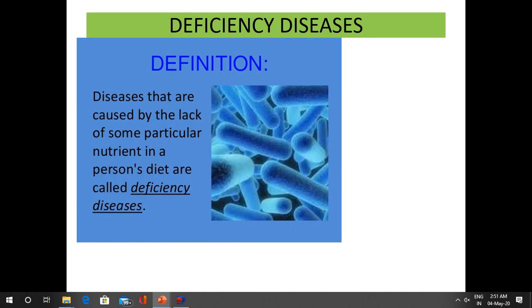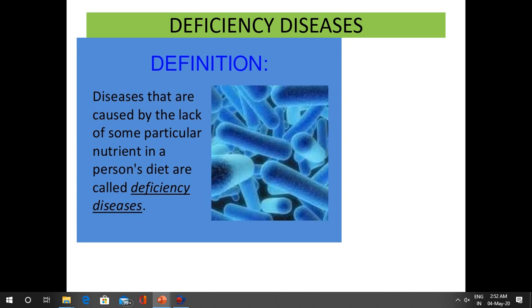What are deficiency diseases? Diseases that are caused by the lack of some particular nutrient in a person's diet are called deficiency diseases. For example, we are always eating carbohydrates or proteins and we are not having minerals. Because we are lacking that particular mineral, we will have diseases because that nutrient is deficient in our body.